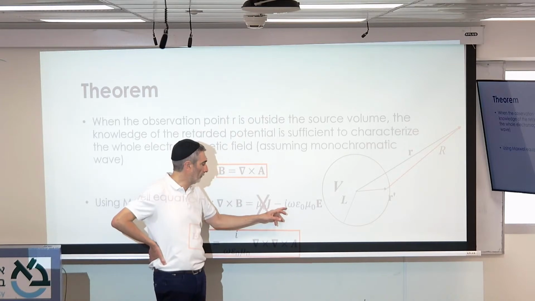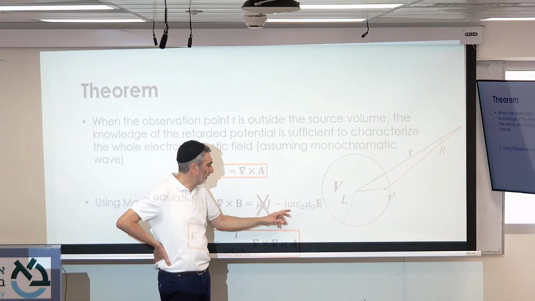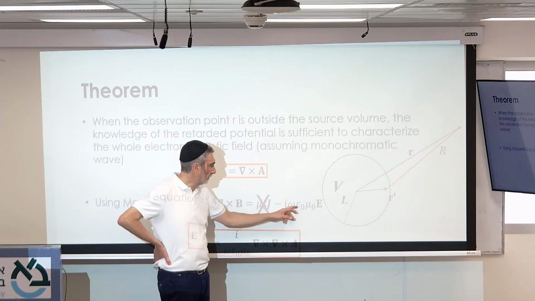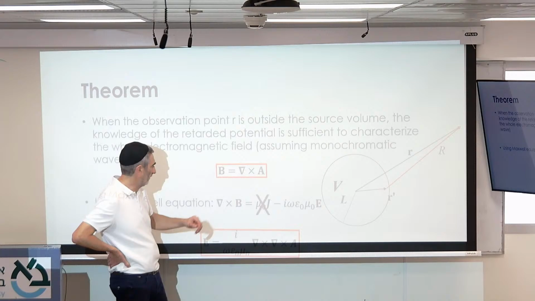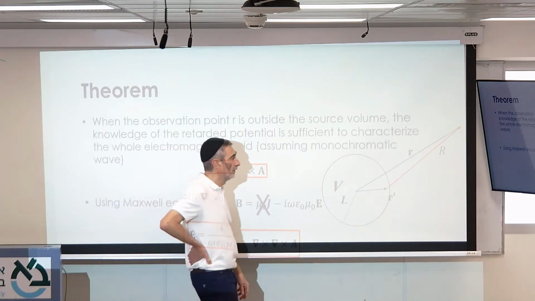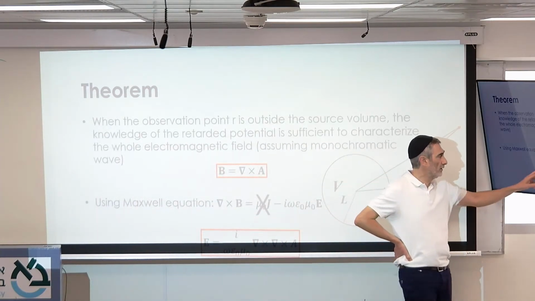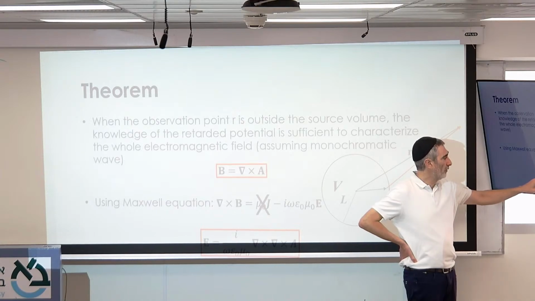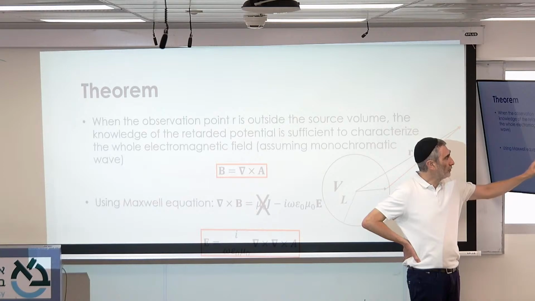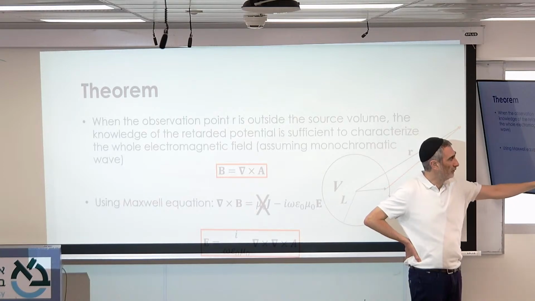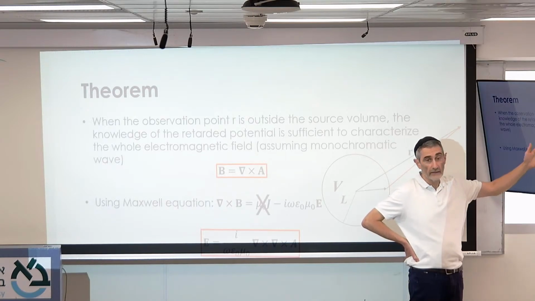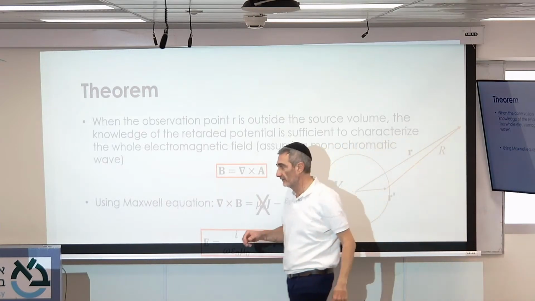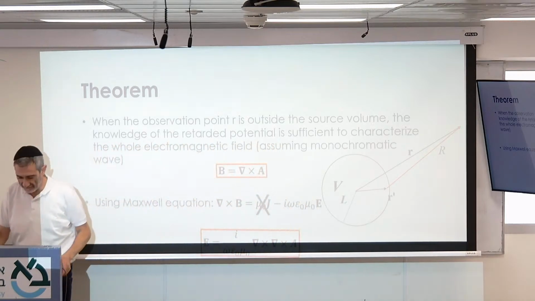Minus, so the dE over dt gives you i omega epsilon 0 mu 0 times E. That gives you this simple relation: E is i over omega epsilon 0 mu 0 times the rotational of rotational of A. So you see that B and E can be expressed in terms of A. Relatively simple.